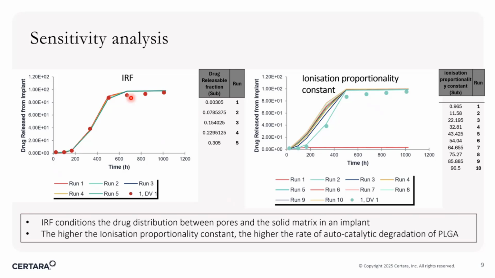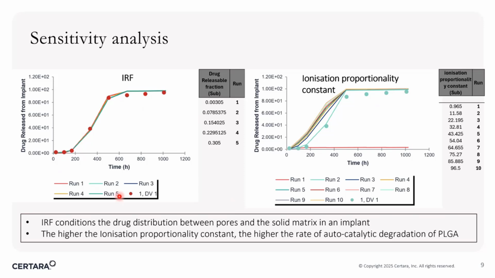Initial releasable fraction in the model is a bit of a tricky parameter. It actually conditions the drug distribution within pore space versus matrix space. So this is not exactly what we assume when we listen to the name initial releasable fraction.